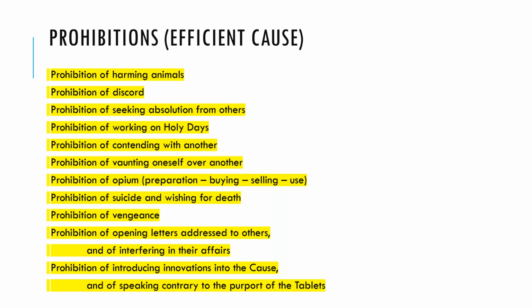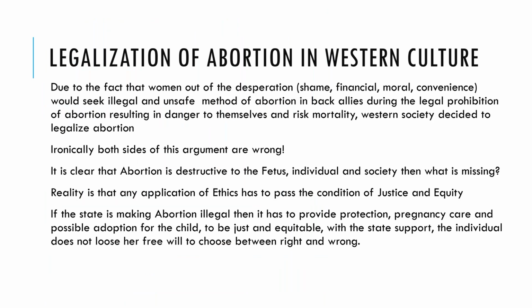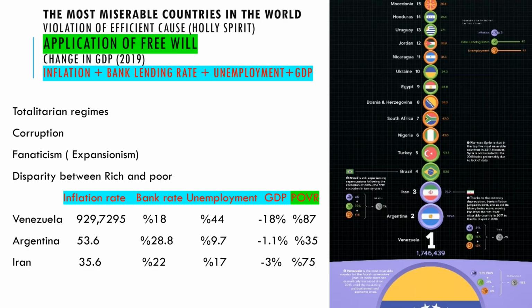So another question in regards to the Holy Spirit, since we mentioned the application of the Holy Spirit towards having a life that is materially more stable, a life full of fulfillment and potentially more happiness.